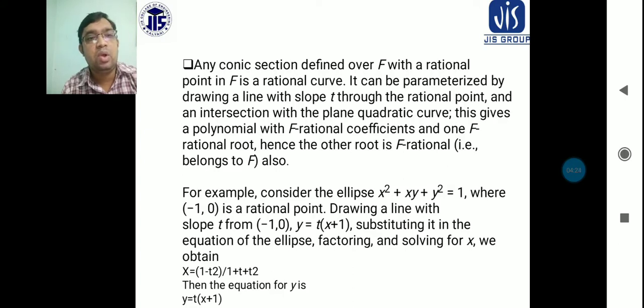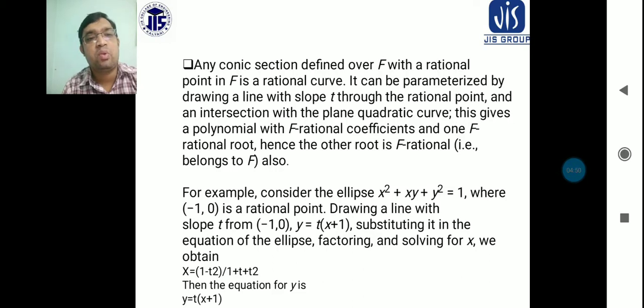Drawing a line with slope t from (-1, 0), y equals t times (x plus 1), substituting it in the equation of the ellipse, factoring and solving for x, we obtain x equals (1 minus t squared) divided by (1 plus t squared). That is the equation here.